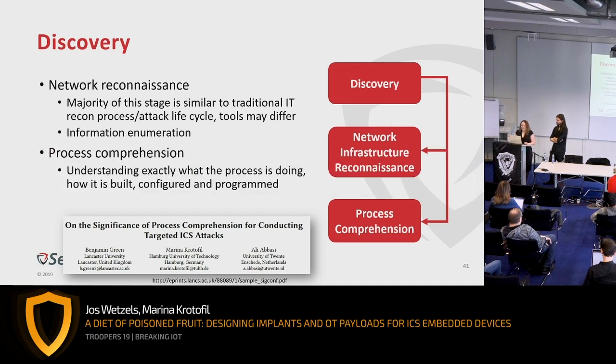Secondly, what is happening in this discovery stage is you perform process comprehension. So you basically need to enumerate all file shares and all important hosts, computers which can host useful engineering documentation about how the plant is built, what it is doing, how it is configured, all the control logic, and so on. For example, if you see below, we wrote a paper.